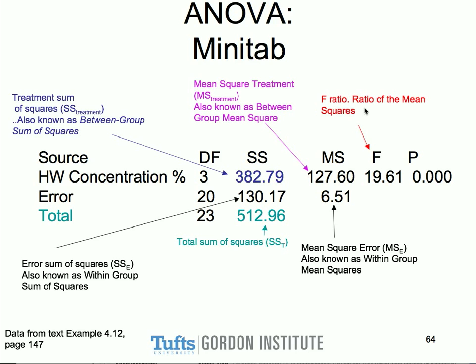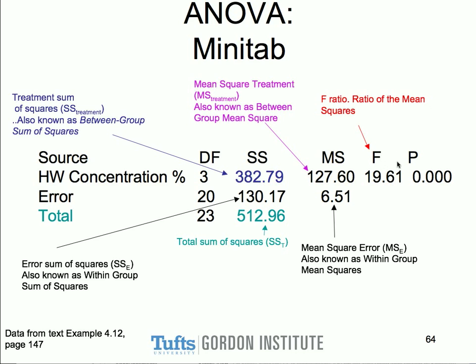That's the F ratio, and it's a ratio of the mean squares. It's calculated simply by dividing the mean square treatment by the mean square error. The F, in essence, is very similar to how we're doing the t-test. So this is an F test, and the F is an unbiased estimator of the variance.